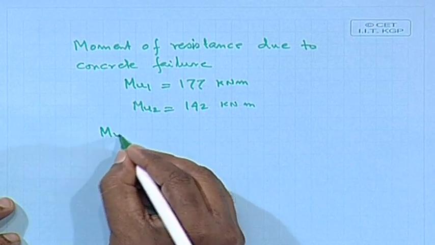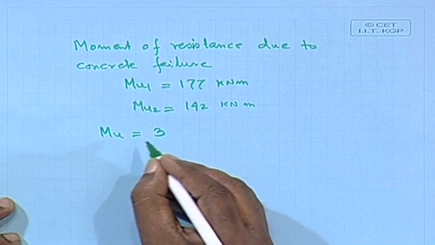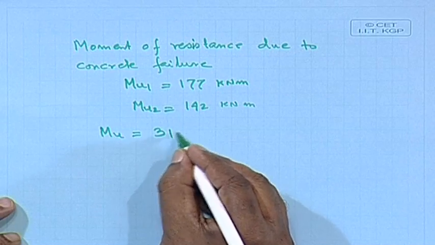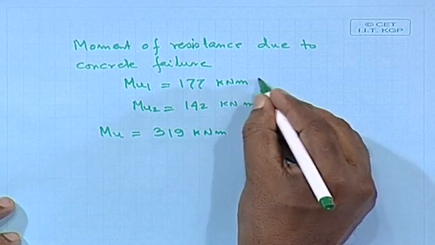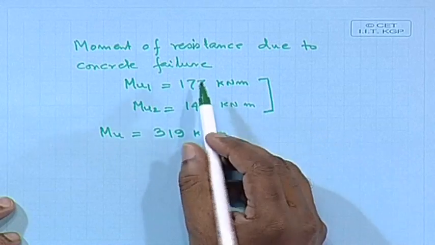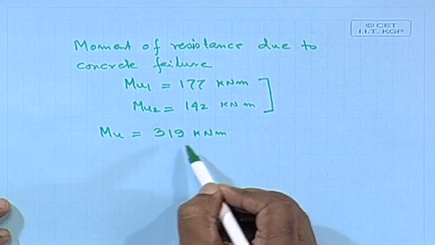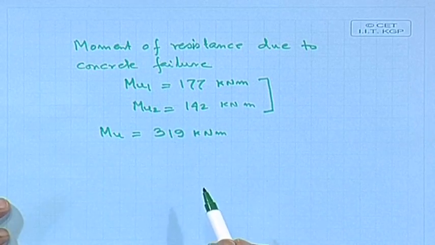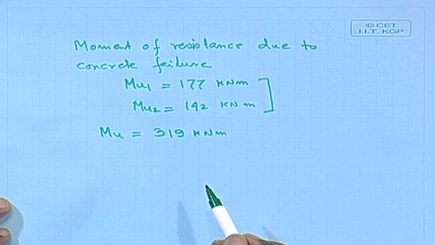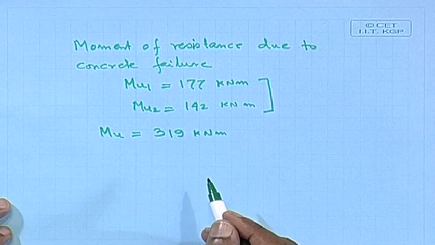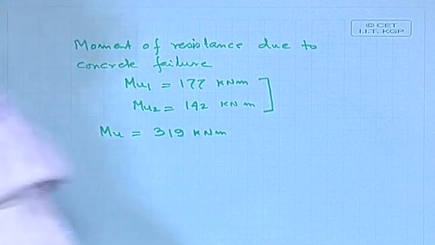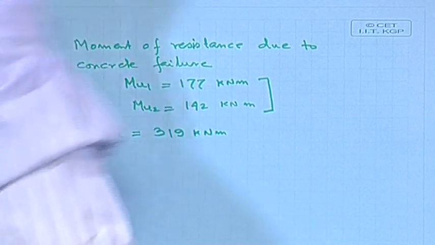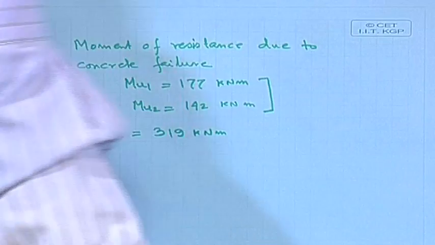Mu 319, the sum of these two, 177 plus 142, which comes as 319 kilonewton meter.